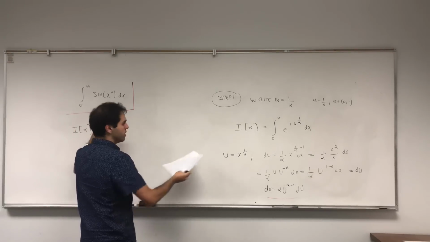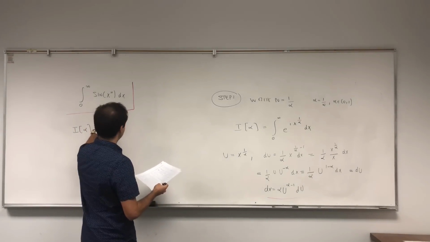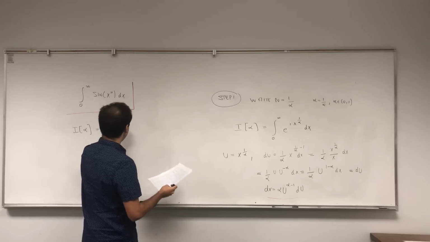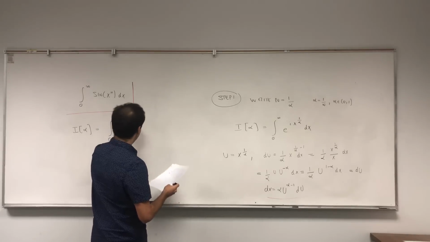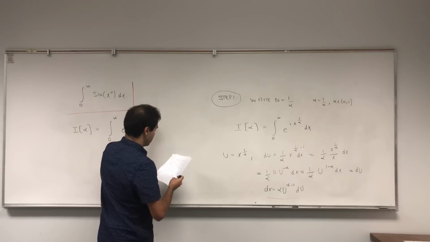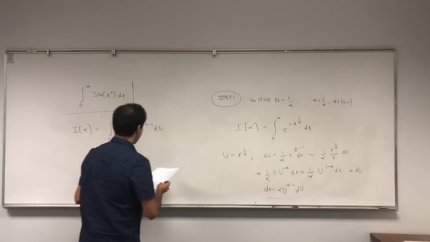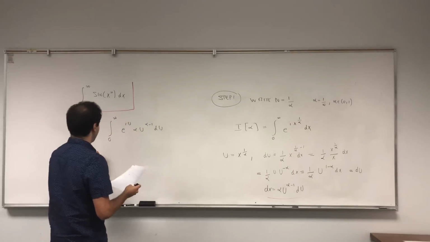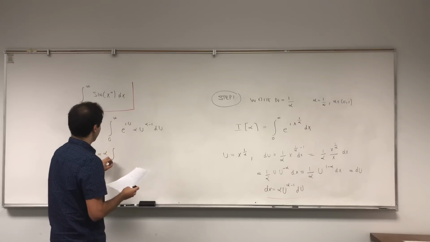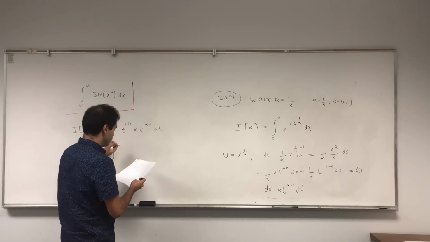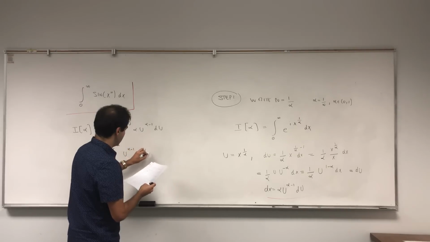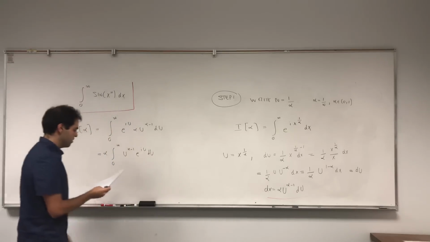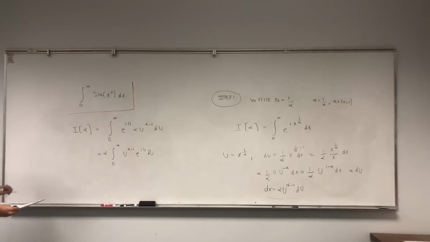And infinity to the 1 over alpha is infinity. And then we have e to the iu and our term alpha u to the alpha minus 1 du, which we can just write as alpha times the integral from 0 to infinity of u to the alpha minus 1 e to the iu du. So that concludes step 1.